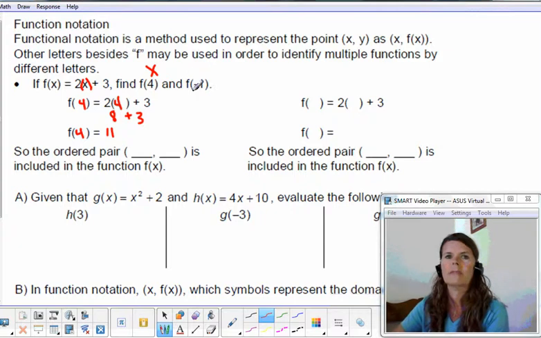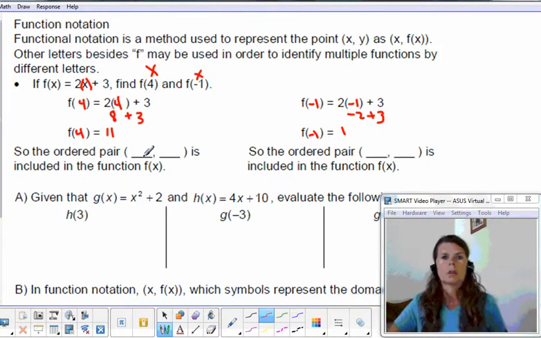Okay, and then find f of negative 1. So find y when x is negative 1. Again, we're using the same function, 2x plus 3. We're going to take out the x and put in negative 1. So this is negative 2 plus 3. f of negative 1 is 1, because negative 2 plus 3 is 1.